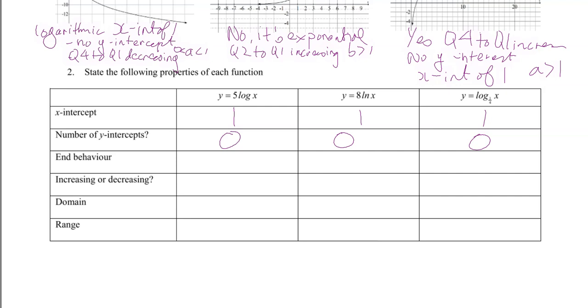So at this point, it's like everything else we studied, here's the characteristics of the equation. The equation tells us about the graph, right? Whether it's quadratic, y equals 5x squared. Oh, positive, so it's increasing in Q1, and it's going Q2 to Q1. It's increasing in both of those.